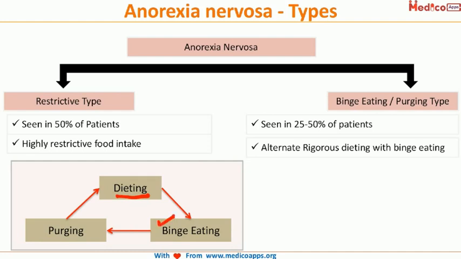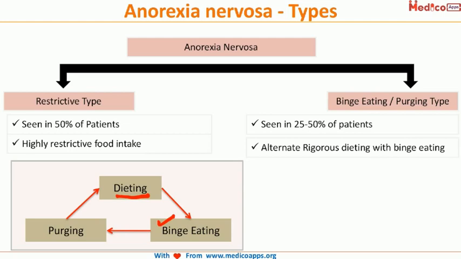Because they have a near normal appetite, because of their disturbed body image, they are crash dieting, restricting their calorie intake, and at some point their capacity to withhold the food goes away and they get into a binge eating episode. So there is rigorous dieting alternating with a binging episode.